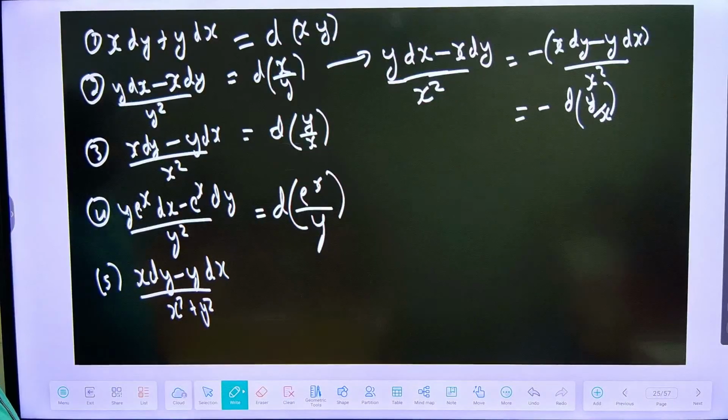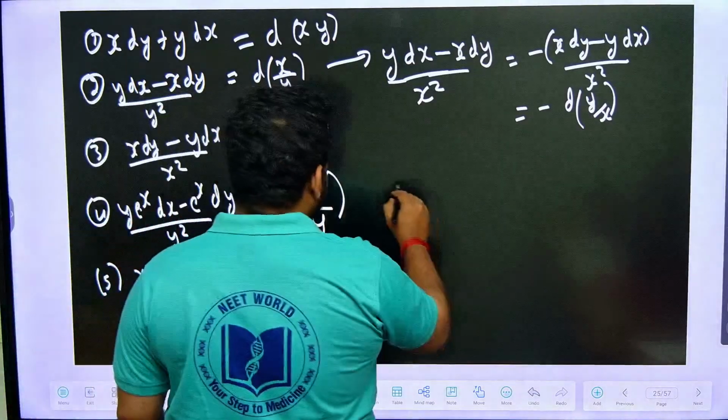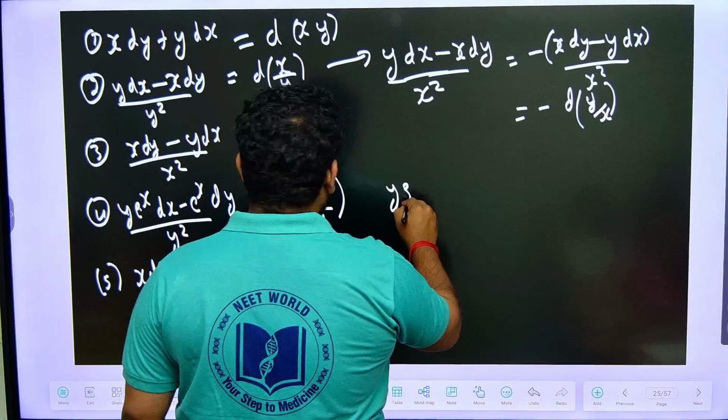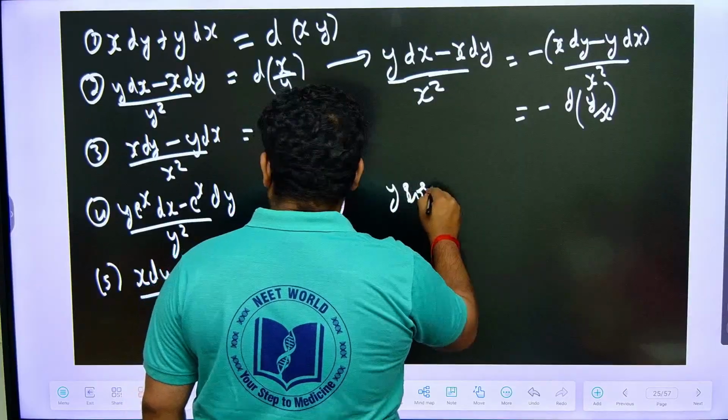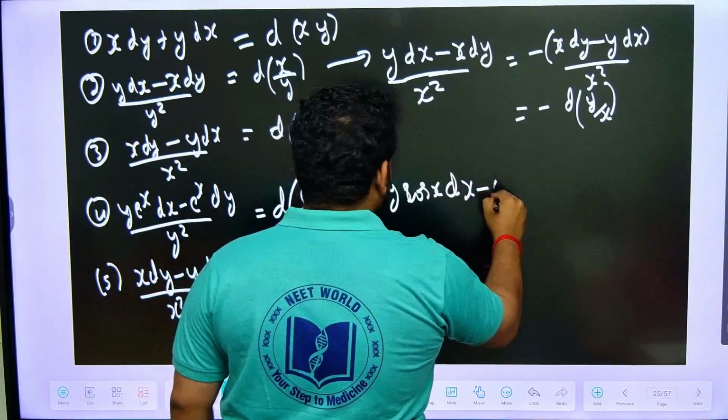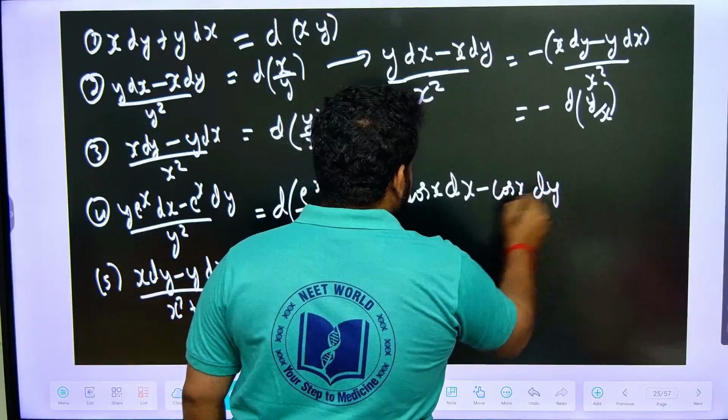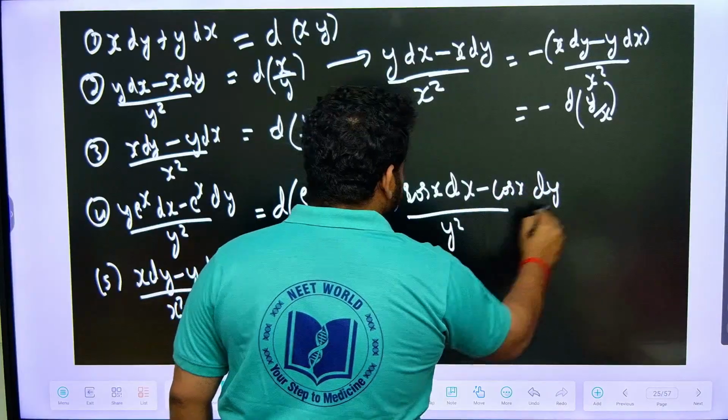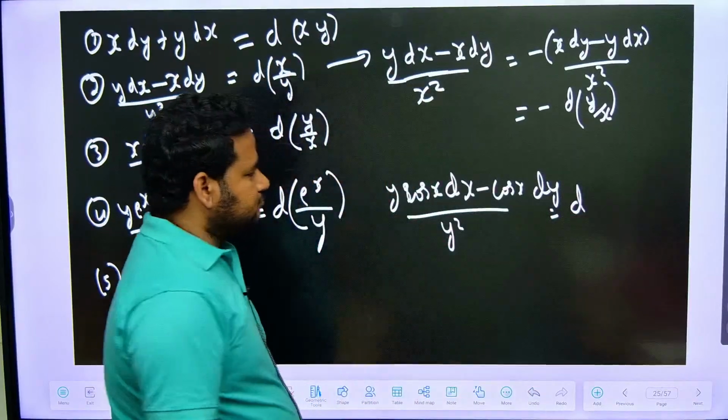Now in this one, y square is there, which definitely means the denominator should be y. This will become y into derivative of e power x minus e power x into dy, so derivative of e power x by y. Same thing, if I say y into cos x dx minus cos x into dy by y square, what should I write?